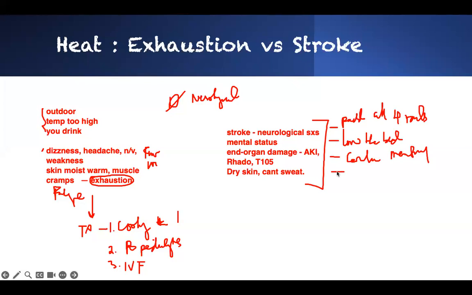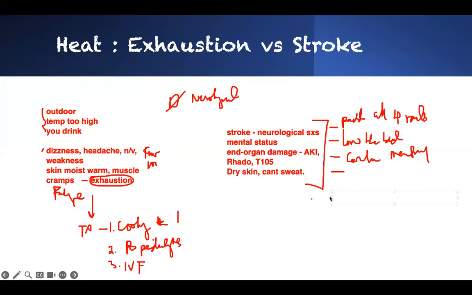Why? Because they're going to die. They're going to go into seizures. So when you see answer choices like that, don't say, oh, why are they giving me this problem? This patient will go into seizures. It's bad. So that's their complication.